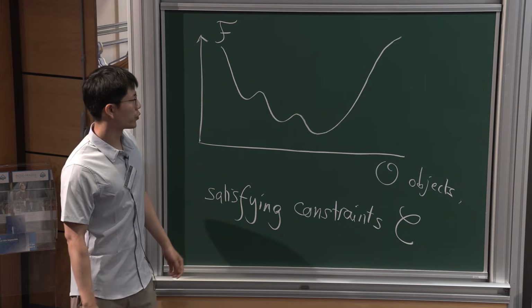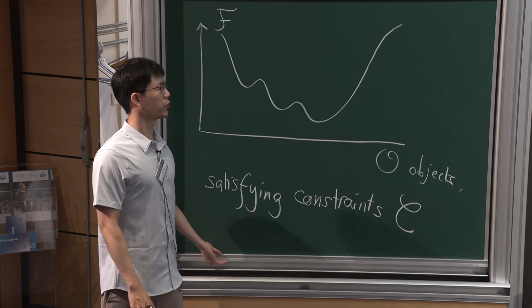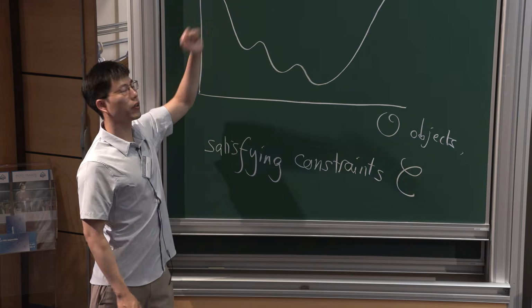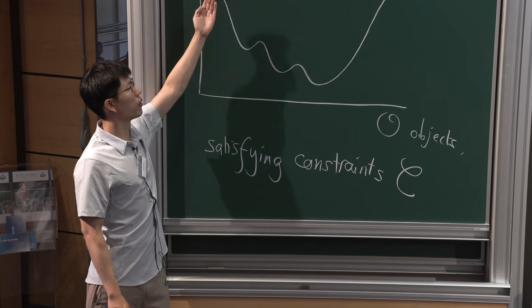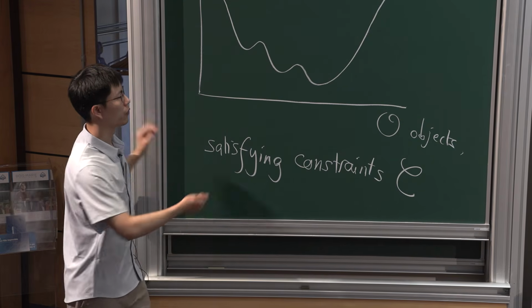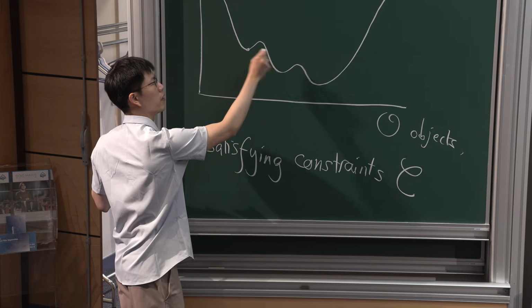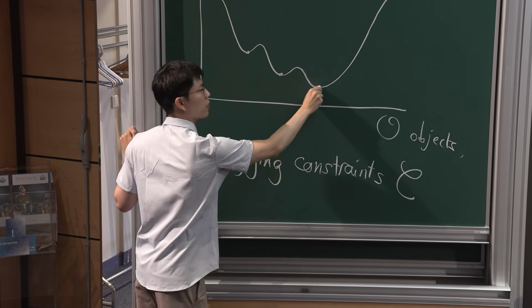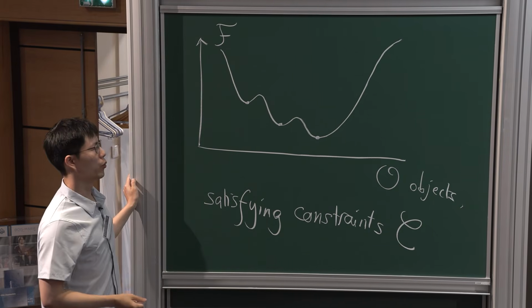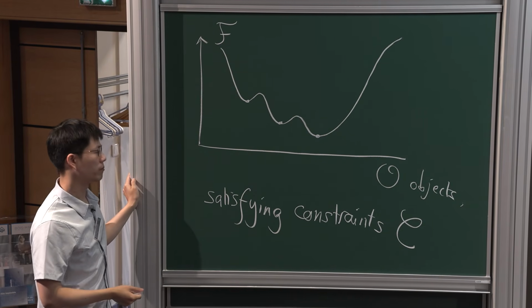And so what geometric analysts like to do is to come up with interesting notions of size, so come up with a functional, and they're very interested in the minimizers of the functional or more general critical points of the functional.